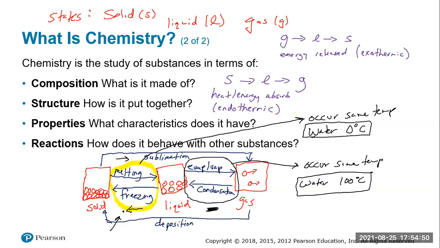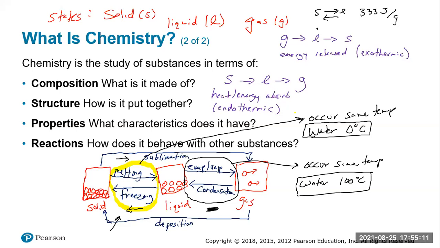Just to give you an idea, and again, you don't really need to know these numbers or anything like that, to do the transition for something like water, for example, to go from solid to liquid or liquid back to solid, it takes about 333 joules per gram. Not really important. Joules is a unit of energy, but per gram of water.